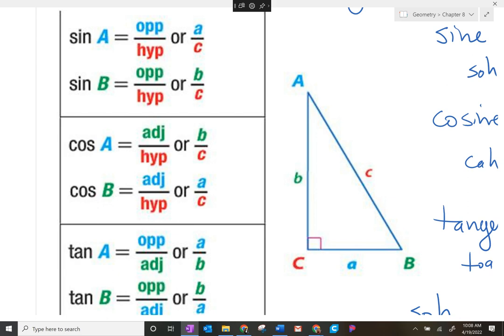The opposite for angle A is side A. So that's where the opposite came into play. Over the hypotenuse, which is always this one. On this very first one, it says opposite over the hypotenuse, so that's where I got side A over the hypotenuse.